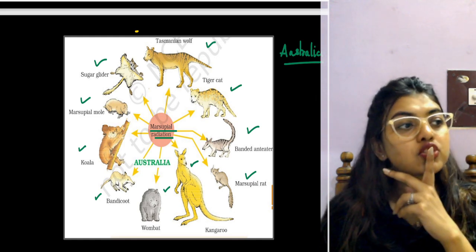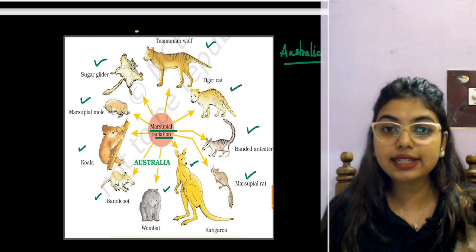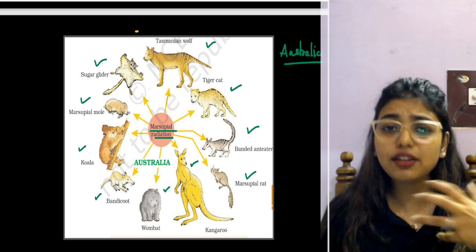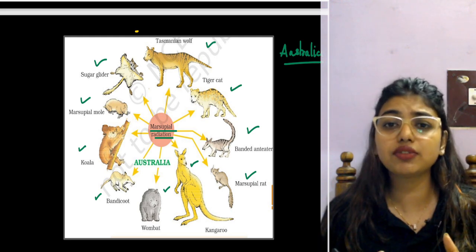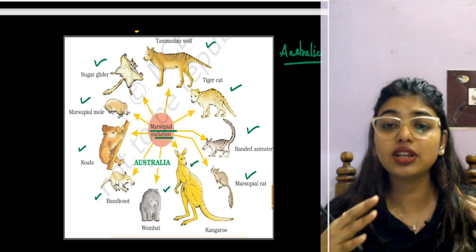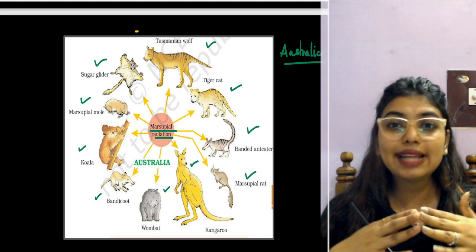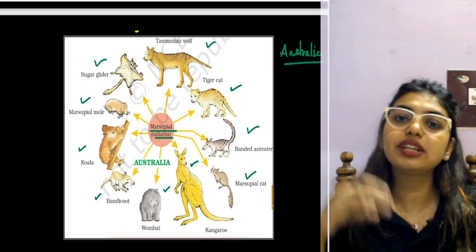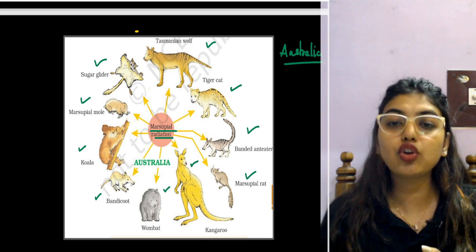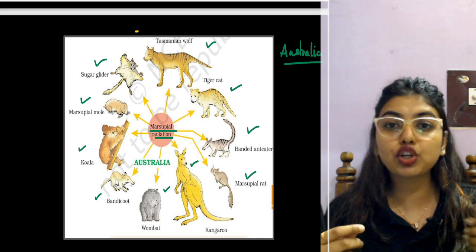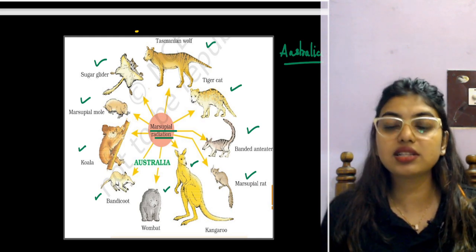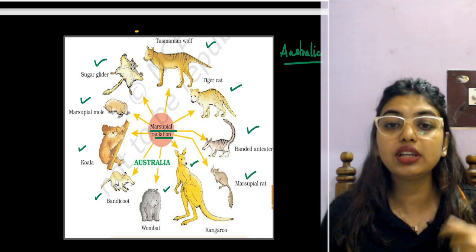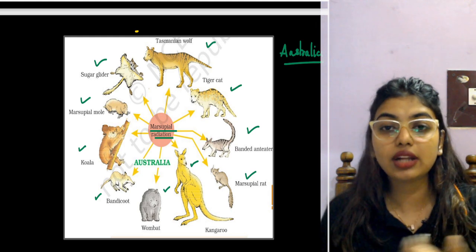So people say the wildlife is so extreme mainly because they do not have a terrestrial landmark to get spread. Whatever wildlife is there in Australia will always be in Australia. They do not have an option of spreading to different places like other animals have, because they did not have a land route.